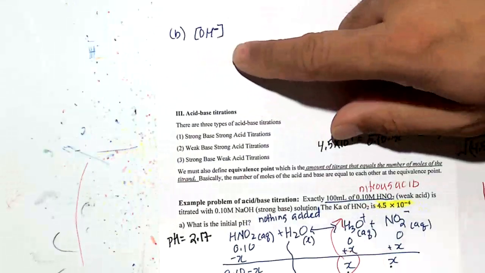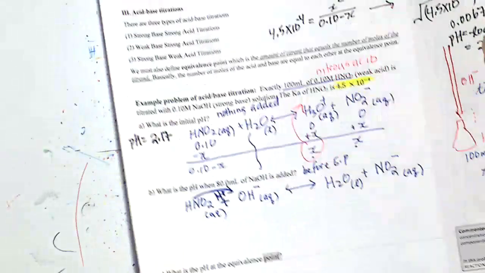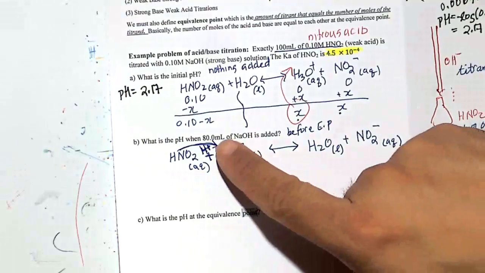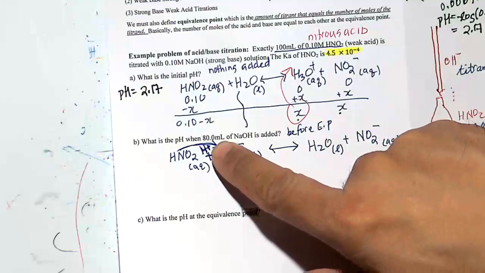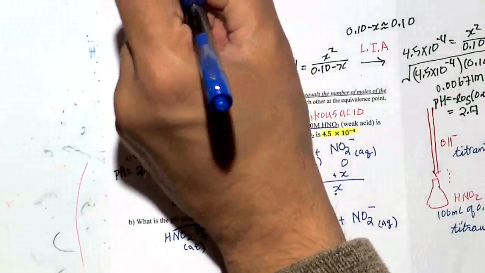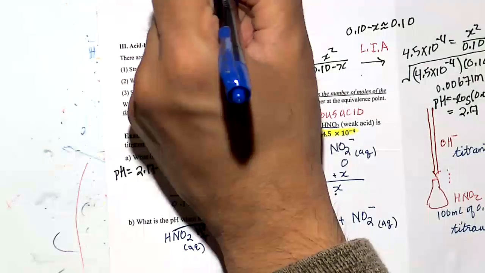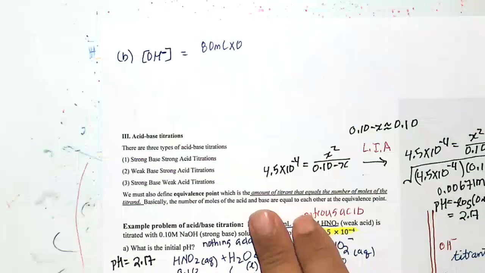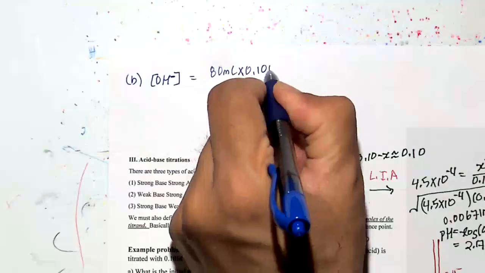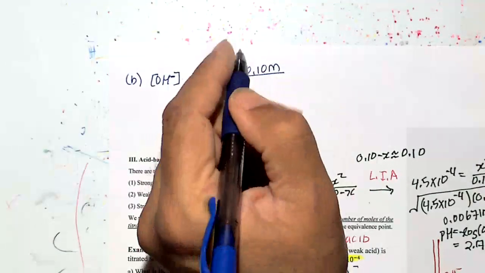Okay, what's the concentration of OH minus? I want everyone to look carefully and be with me here now. For part B, it's 80 milliliters of 0.10 molar. What's our total volume?